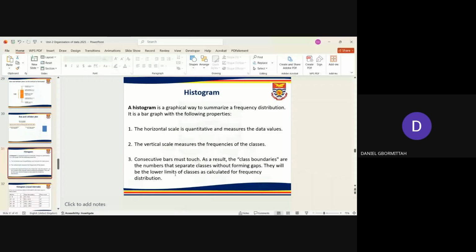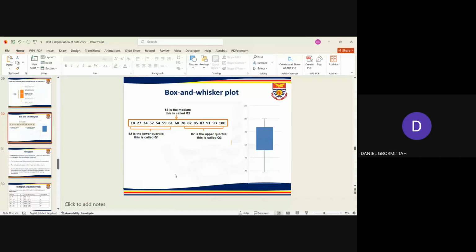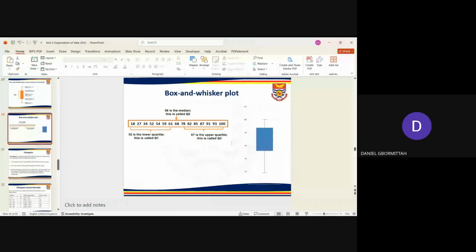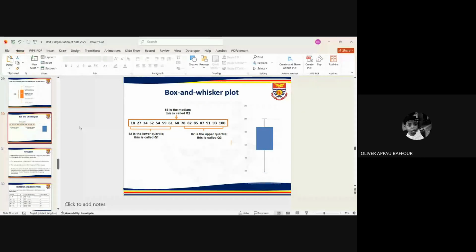Any question? Yes, sir. I want to ask if the median can be found by subtracting the Q1 from the Q3. How do we call that one?